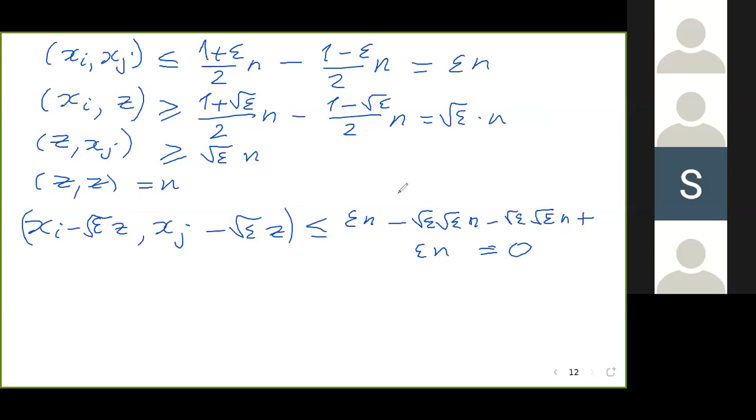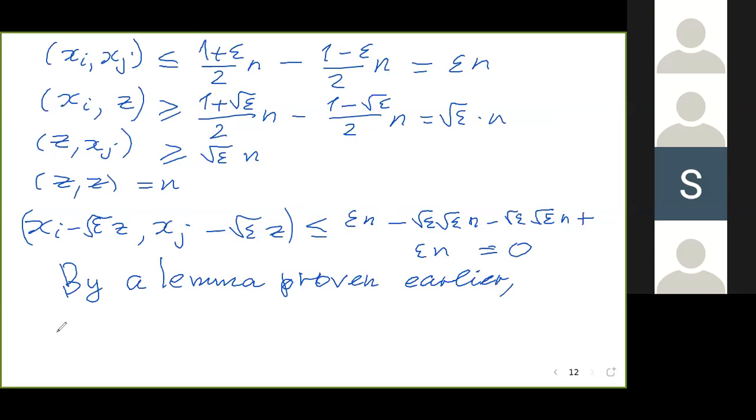And by the geometrical lemma proven earlier, we have that capital N is at most 2 times the dimension. So the theorem is proven.